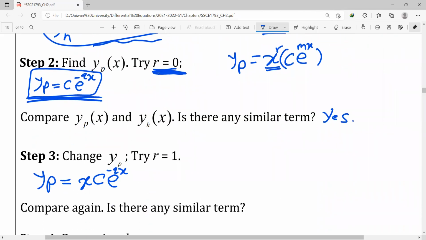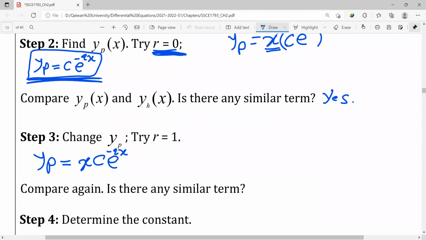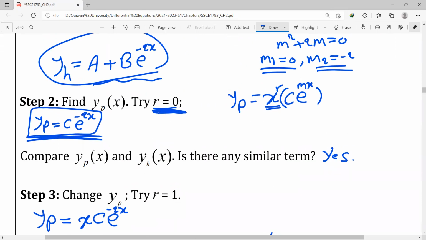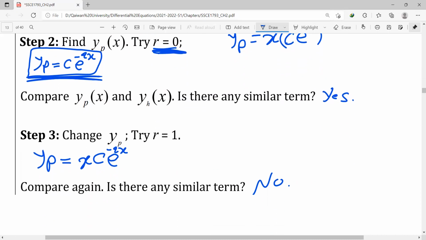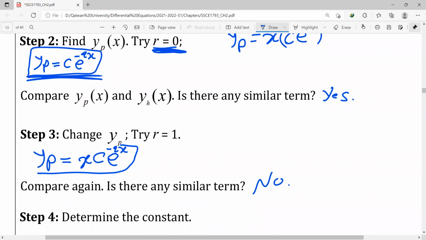That means this is different, so there is no similarity. If r is 1, we get x times c e to the power mx. This is yp, and for this yp we have no similar terms with the homogeneous solution.